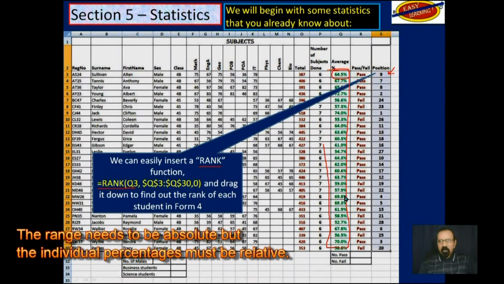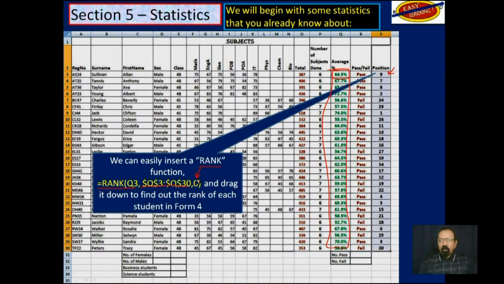That's why we use this $ here to show absolute addressing. That 0 will give the highest mark first position. If we had 1 there, it will give the lowest mark first. But with this 0, we're able to do it the regular way. Highest marks would get first.